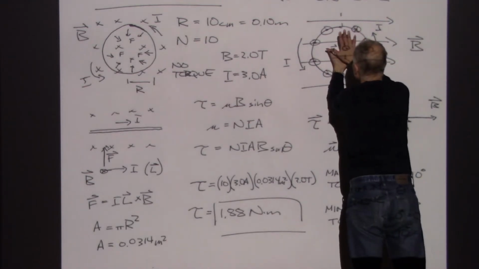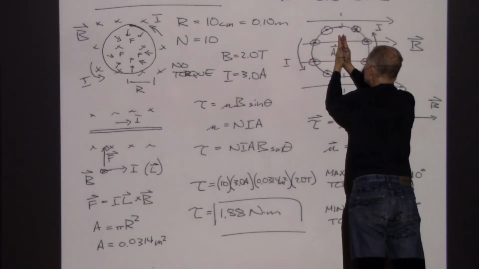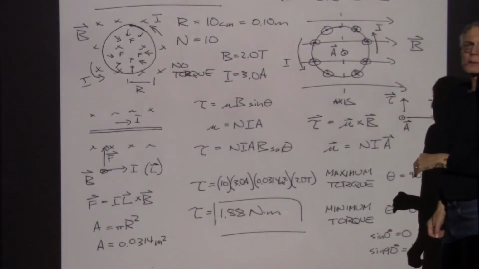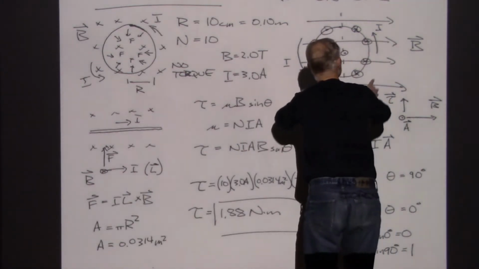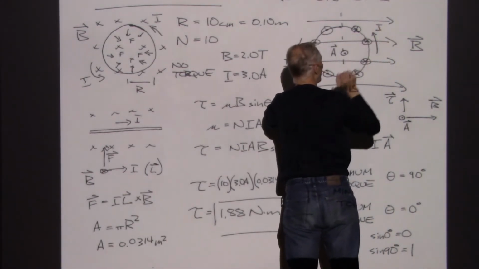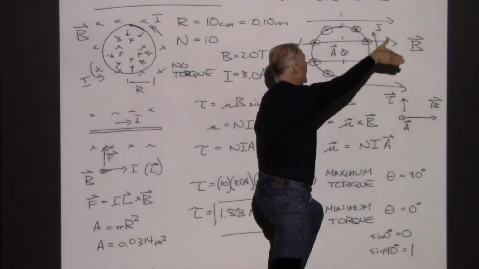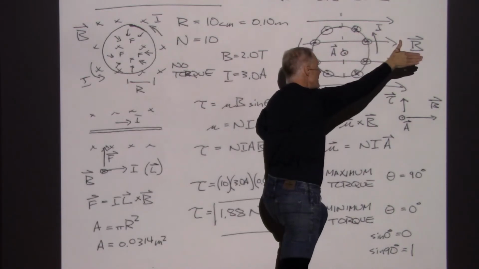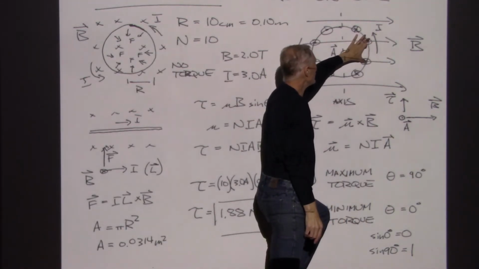Now in this picture this is maximum torque, but if I turn it 90 degrees the torque goes away. Okay, so let's see what the diagram looks like here. If I've got current running here and the magnetic field is to the right. So what I've got here is a current up, magnetic field to the right. The force is going into the board, so I wrote X's.